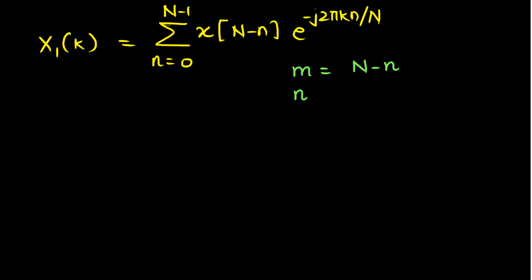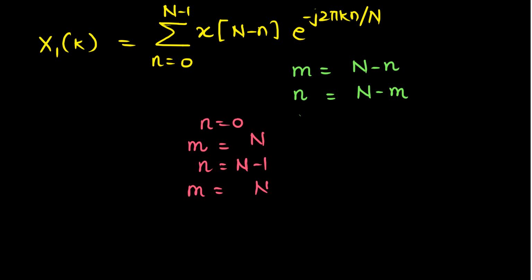Therefore we have this n as N minus m, and the limits will now be, when we have n equal to 0, at that time the value of m would be equal to N, and when we have the value of n equal to N minus 1, at that time the value of m will be given as N minus N plus 1, so it is equal to 1.